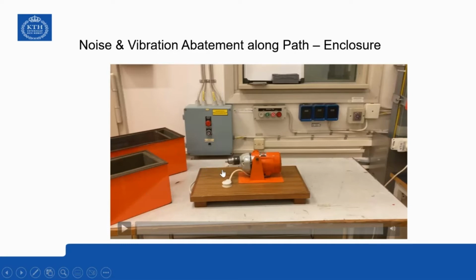So we are going to place these two, first one and then the second one, over the machine here. And then, of course, the noise that the machine radiates and that reaches the microphone or the listener position will be reduced, because it's difficult for sound to penetrate these capsules.